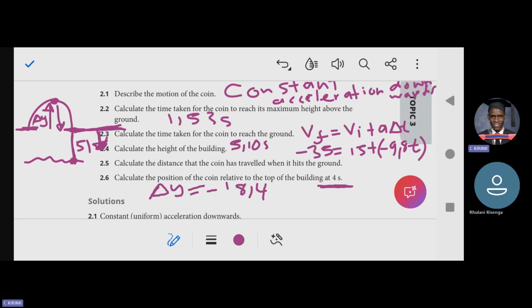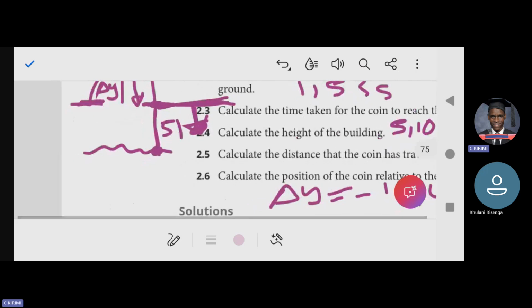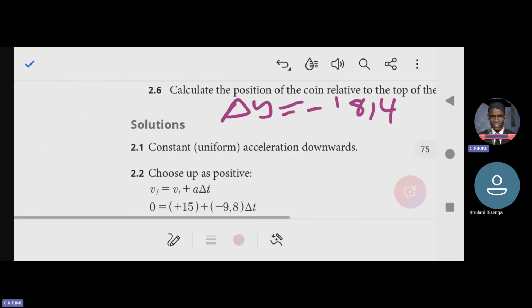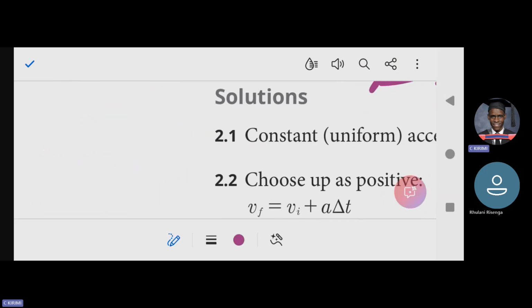Then they'll ask you how many meters is the ball above the ground after 4 seconds. You see that question, it's very tricky because they don't want the one which is below. Yourself, you are able to calculate this distance, the top of the building going downwards.